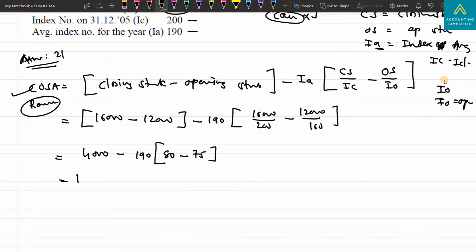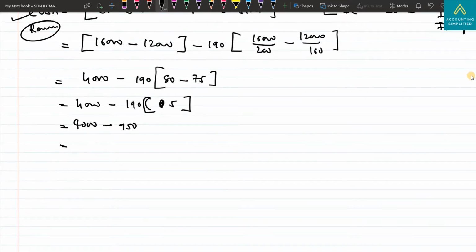So the bracket is 5. So 4,000 minus 190 into 5, that is 950. So 4,000 minus 950 comes to 3,050. 3,050 is COSA.